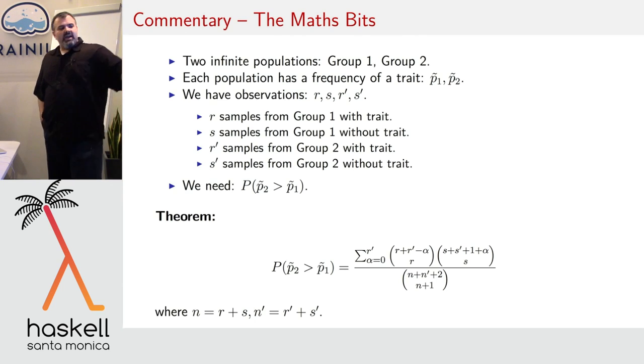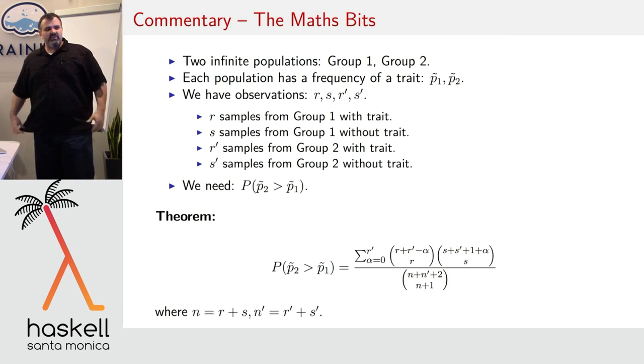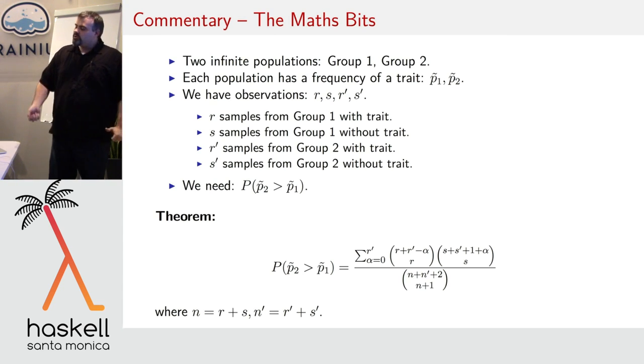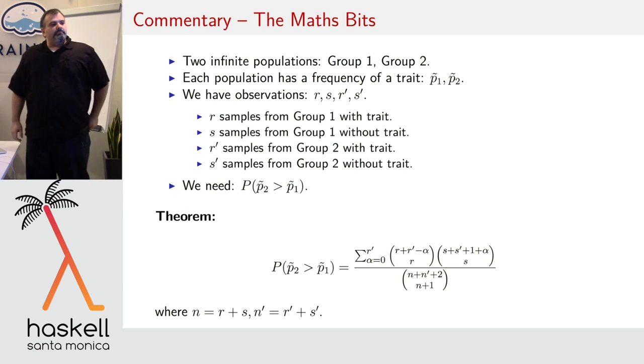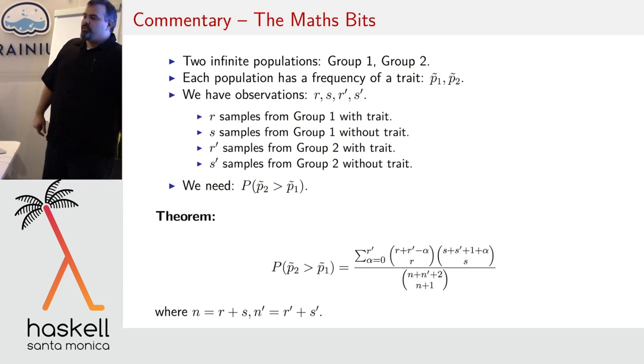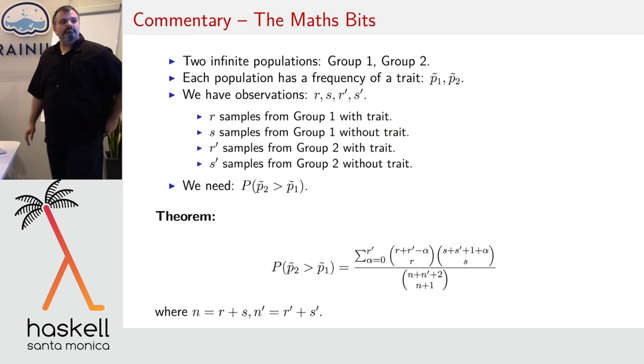And in this formula, we have binomial coefficients, we have a sum, we have division. In principle, this problem is completely tractable. It's just, you know, plug in the numbers and crunch. In fact, it's very easy to write a computer program that's going to calculate this for you. In fact, we'll show it later.